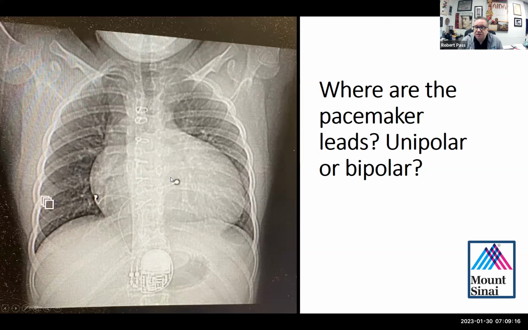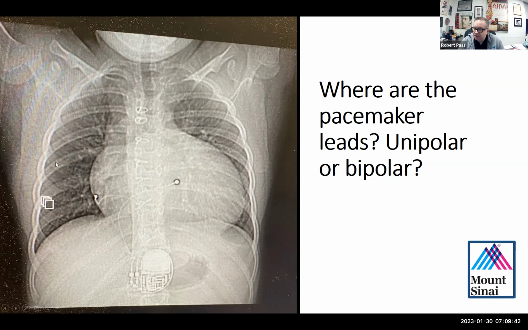So typically surgeons, in a perfect world, we would prefer surgeons to place bipolar leads everywhere. Because remember that in a unipolar lead, the electrons are coming out of the lead that's attached to the heart, and they're traveling to the actual pacemaker itself, which is the other pole.